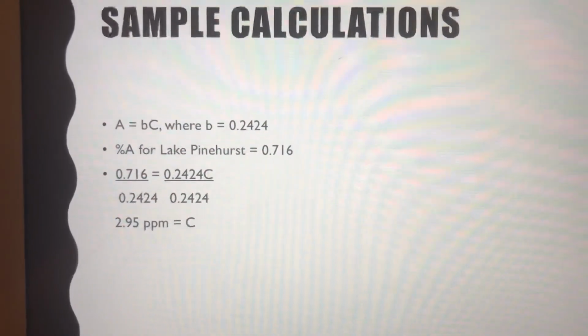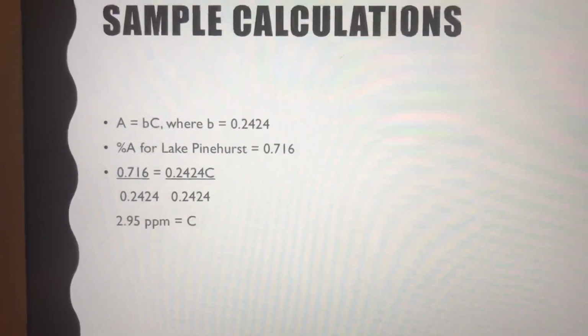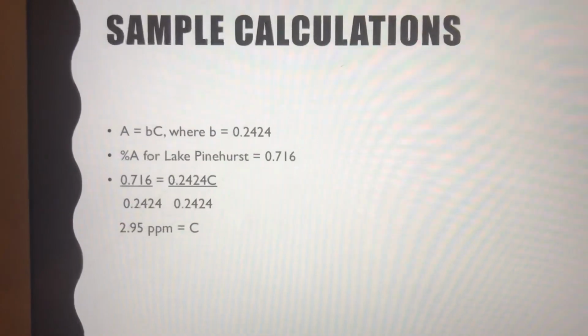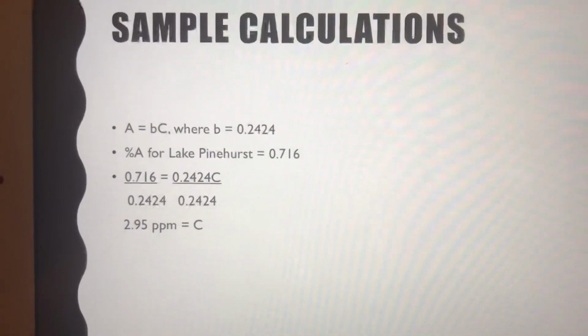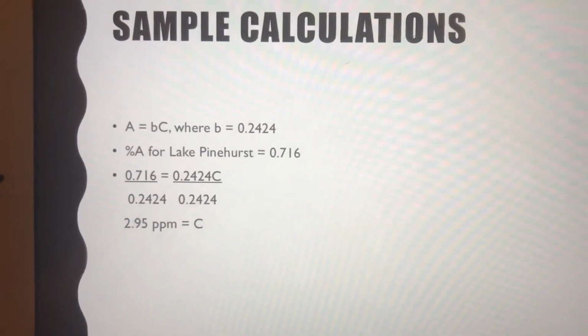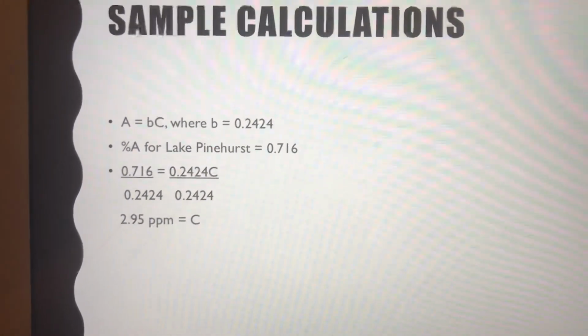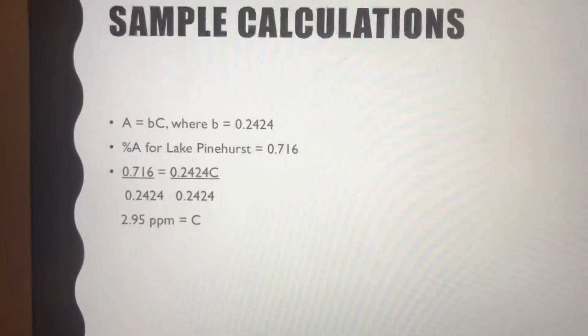So 0.716 equals 0.2424C. Divide both sides by 0.2424 to get C, and you get 2.95, and the units for concentration are parts per million.